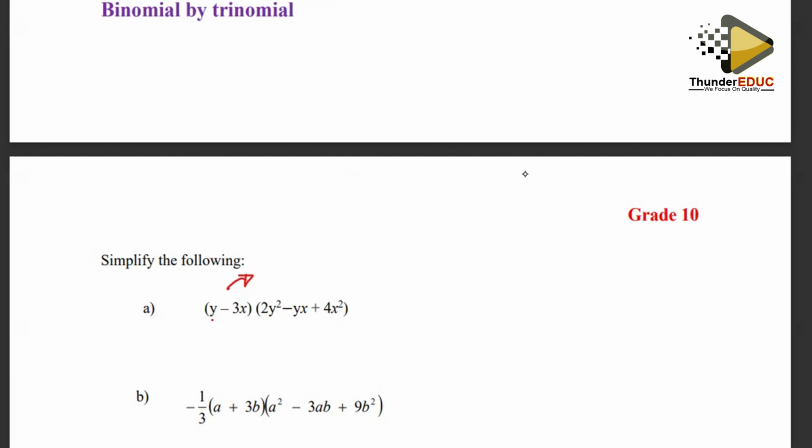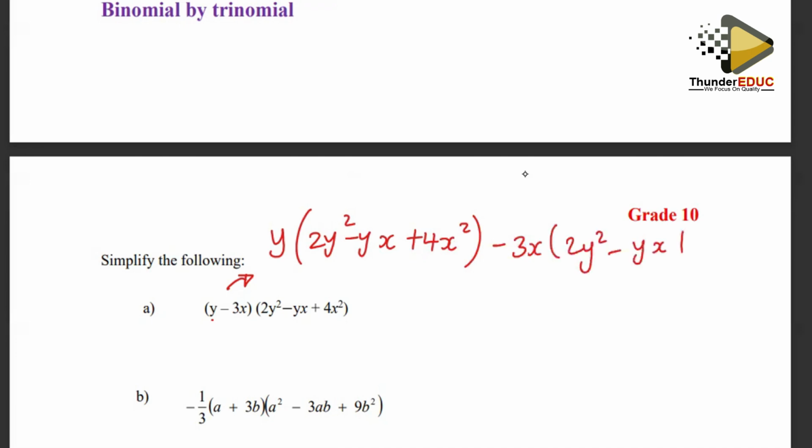So if I get a y, open this bracket, so it's 2y squared minus yx plus 4x squared. And then we have a negative 3x into the same thing, 2y squared minus yx plus 4x squared. So let me just open it the long way. Okay, so y and that's gonna give me 2y squared. No, it's 2y cubed, not squared.